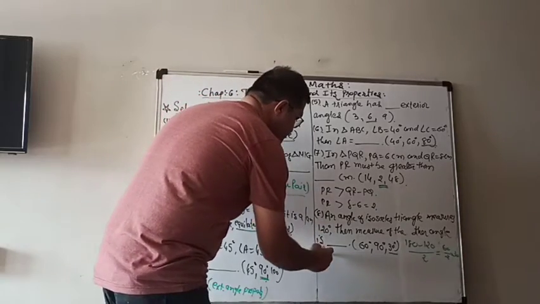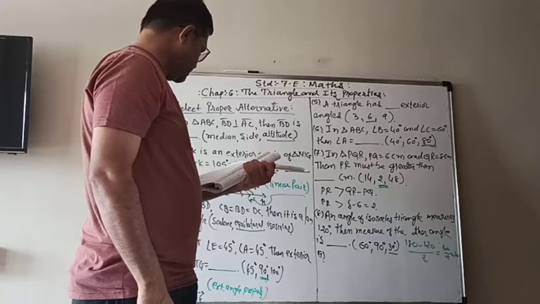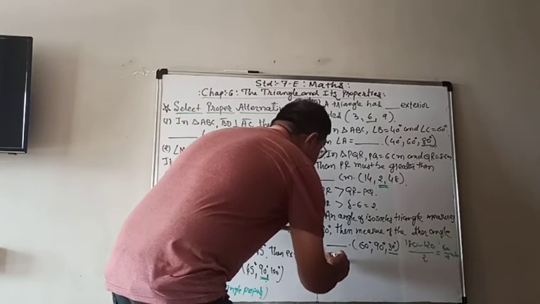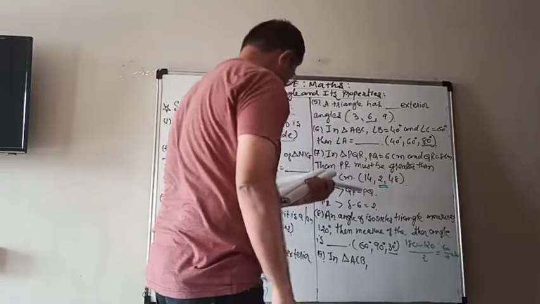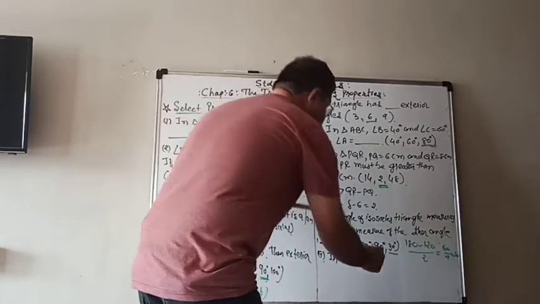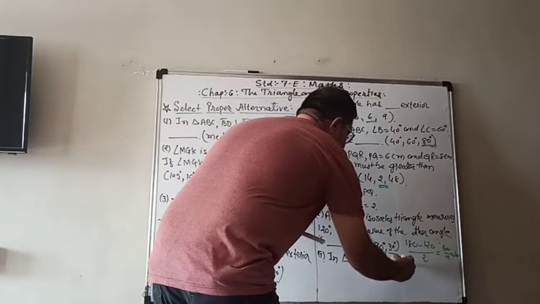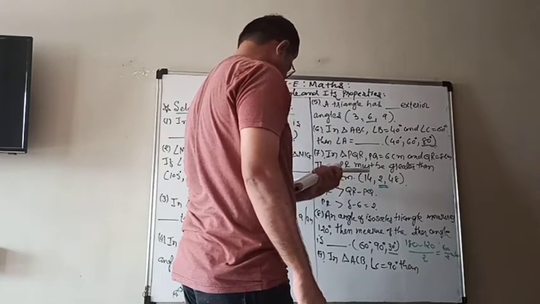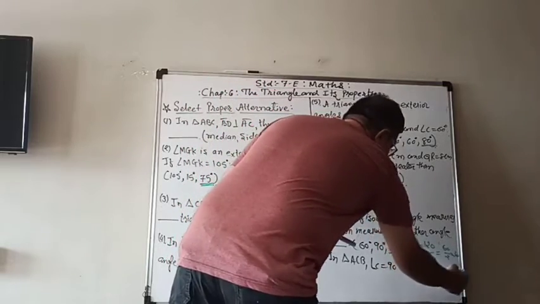Number 9. In triangle ACB, angle C equals 90 degree. Then dash is the hypotenuse.